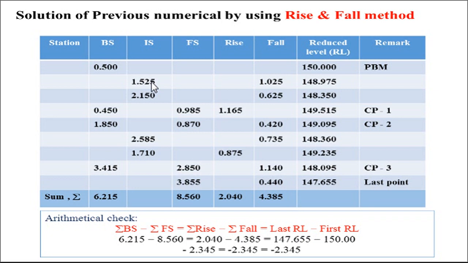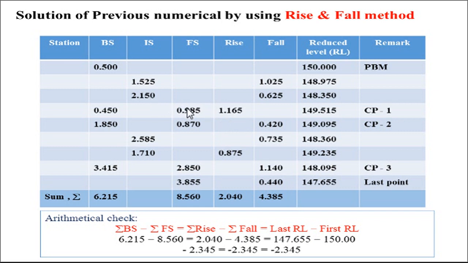A negative value means there is a fall, so without sign we write the subtraction in this column, 1.025. Then the second and third: this reading minus this reading again gives a negative value, so fall. Then third reading minus fourth reading: this is more, this is less, so we get a positive difference, 1.165, which we write in the rise column.